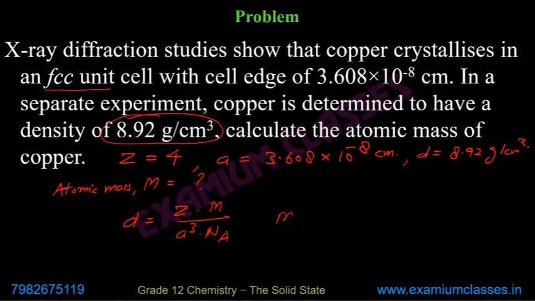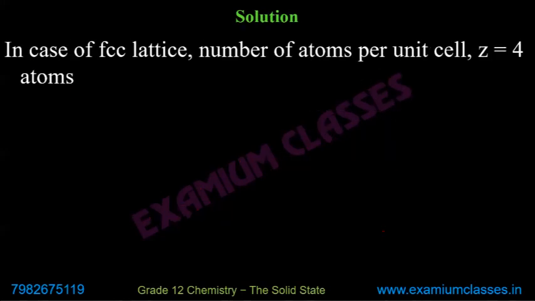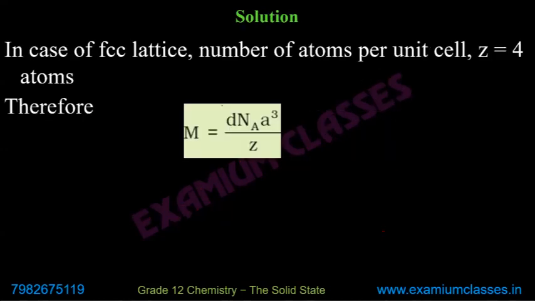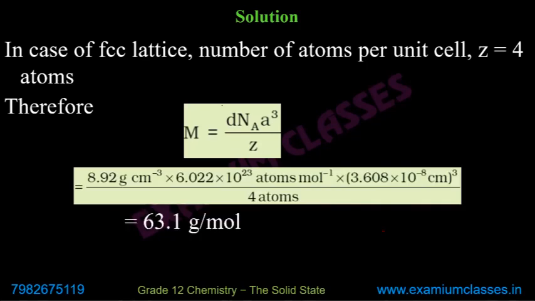So you will get the answer as M equals D into A cube into Na divided by Z. Substitute the values, get the answer. When you substitute the values, you will get 63.1 gram per mole.